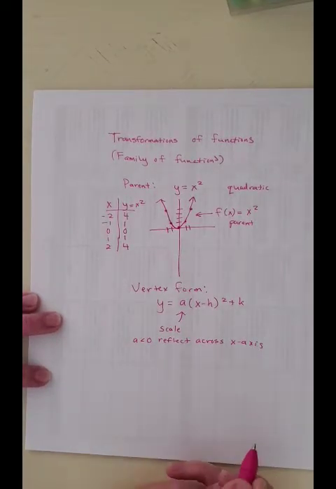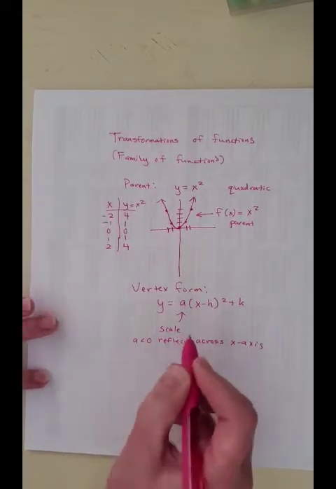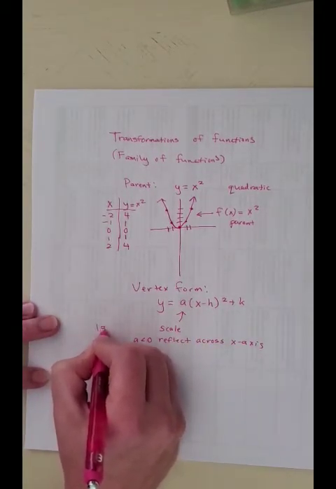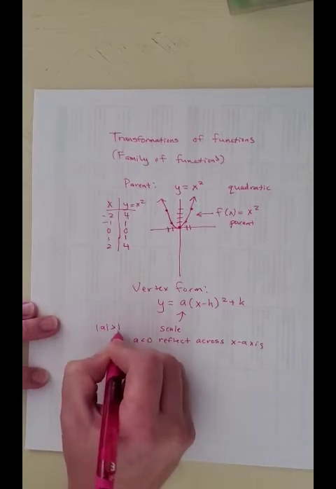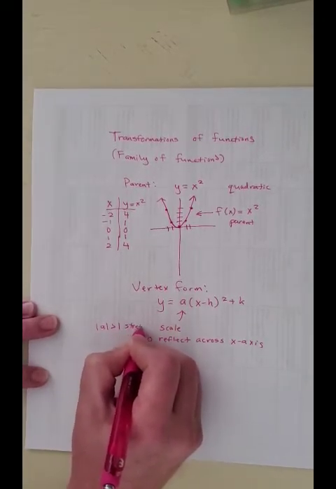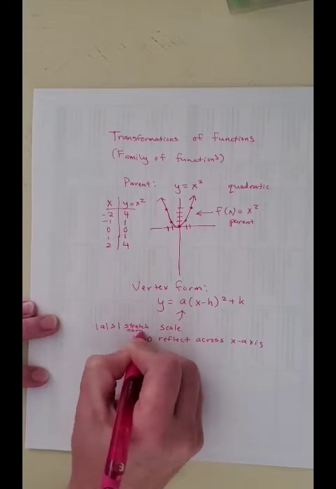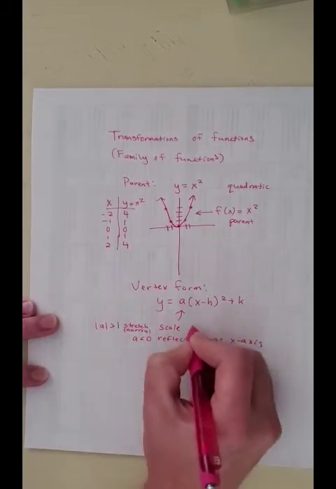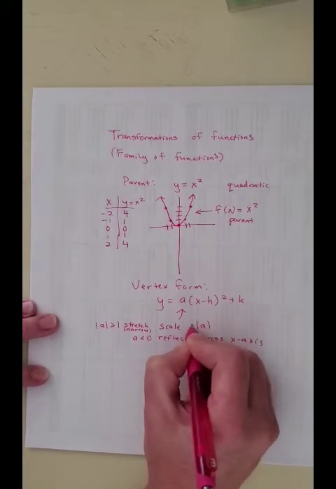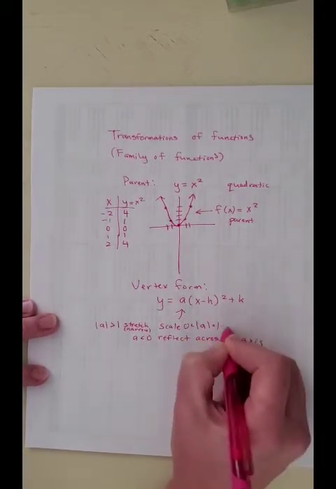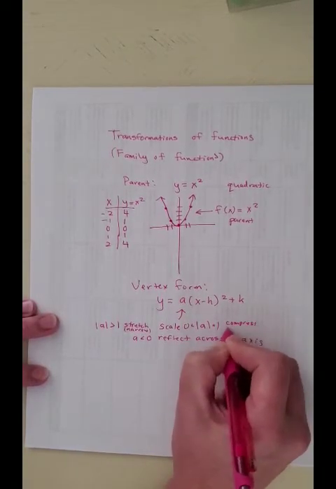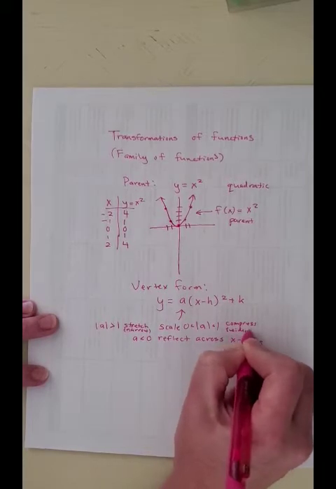The scale depends on whether it widens or narrows. If the absolute value of a is larger than 1, this is a vertical stretch, or a narrowing of the graph. If the absolute value of a is between 0 and 1, this is a vertical compression, or a widening of the graph.